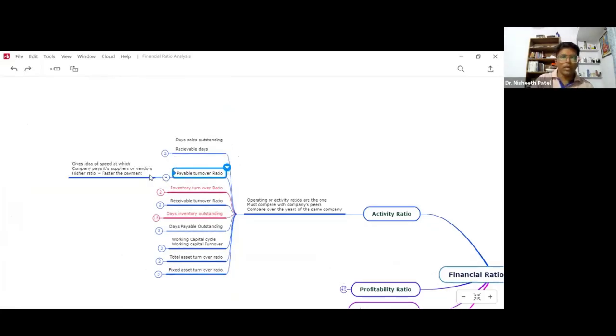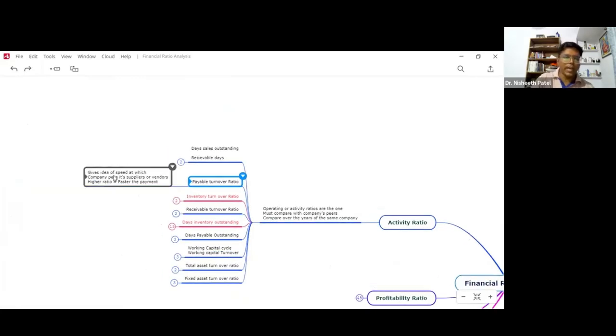This is the payable turnover ratio, which gives the idea of the speed at which the company pays its suppliers or vendors. That means the higher the ratio, the faster the payment.